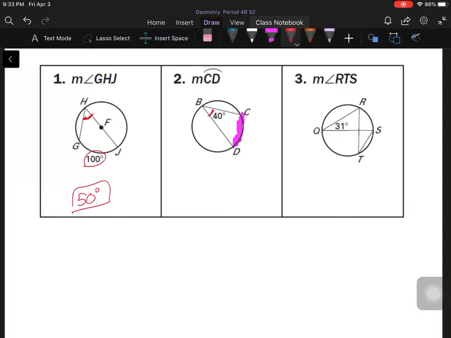I have the angle here is 40, so if I double that, that's going to be 80 degrees. And the last one, find the measure of angle RTS. So RTS is this one here. Notice it intercepts RS where the angle Q is, so that's going to be 31 degrees. Those are going to be congruent because they intercept the same arc.